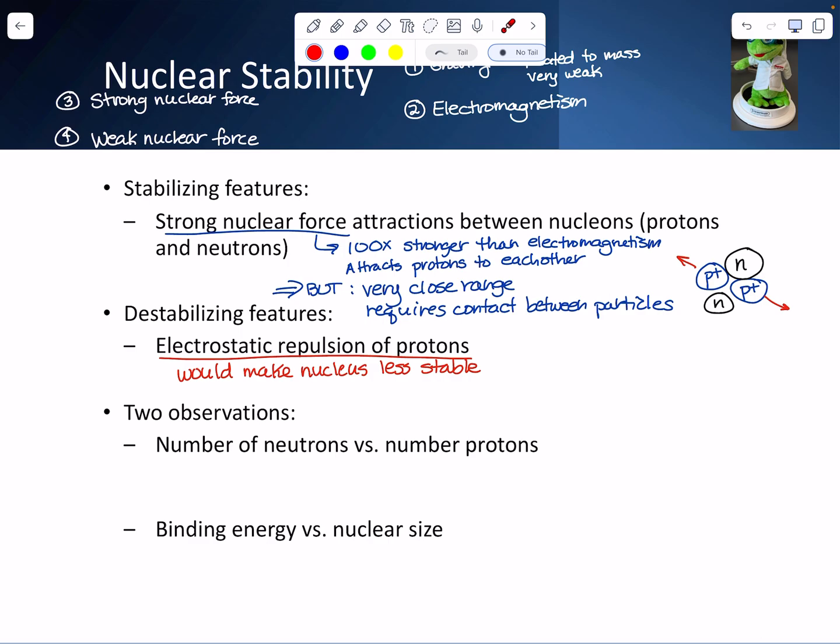What we tend to find is that the heavier isotopes are the less stable ones. Take the isotopes of hydrogen we talked about: the one with no neutrons, the one with one, and the one with two. The one that actually has radioactivity is tritium, the one with two neutrons.